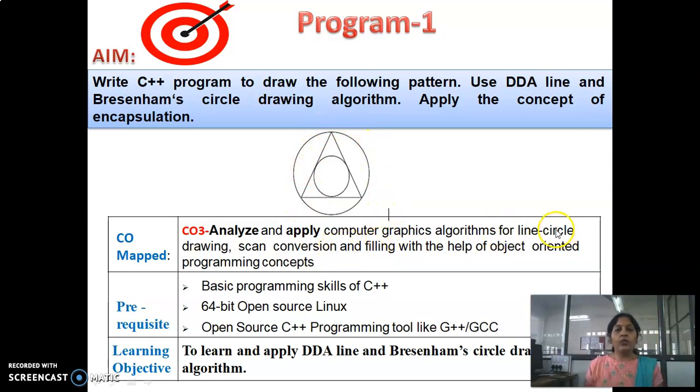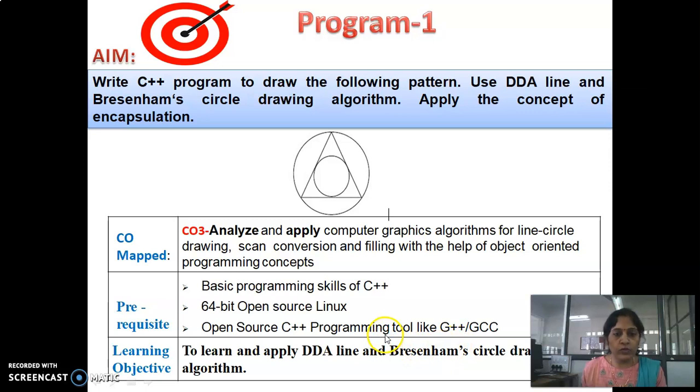So we have to implement this pattern by using two of our computer graphics algorithms, that is, the DDA line algorithm and the Bresenham circle drawing algorithm. This will satisfy our course outcome 3: analyze and apply the computer graphics algorithms for line, circle drawing, scan conversion and filling with the help of object-oriented programming concepts.